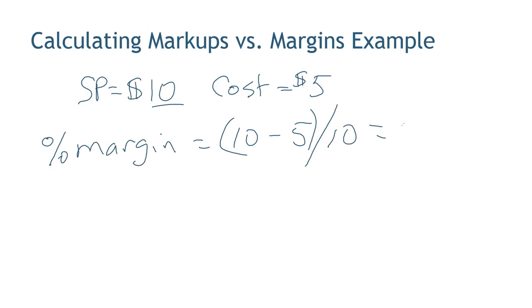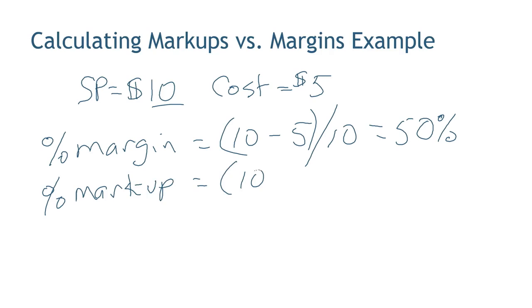That's 10. So your margin here is 50%. Your percent markup, on the other hand, is equal to that same $10 minus 5, but you are dividing that now by the cost, which is $5. So here, that markup is going to be 100%.